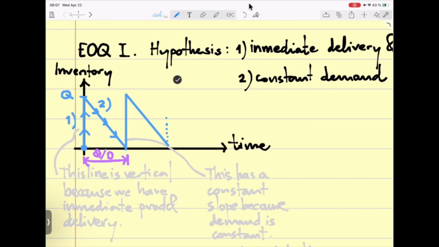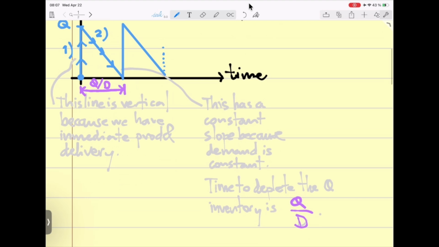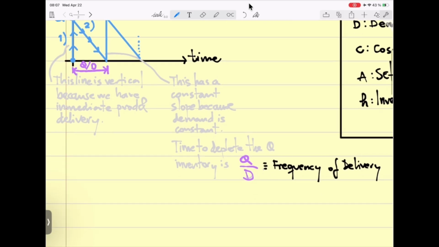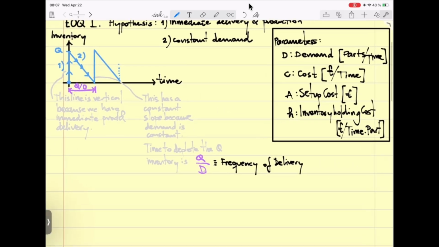Okay. But always running the same. So this we called the frequency of delivery. How often we are going to deliver. So, any questions to this?